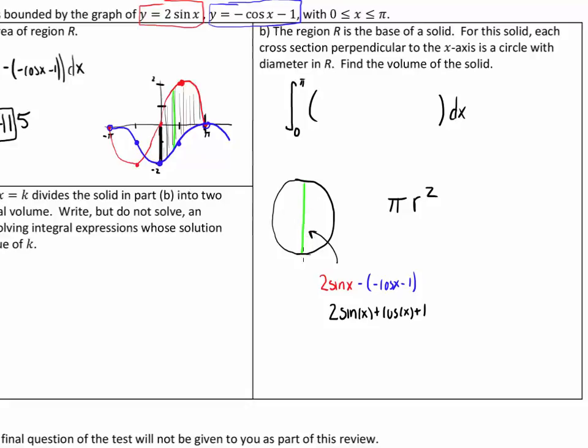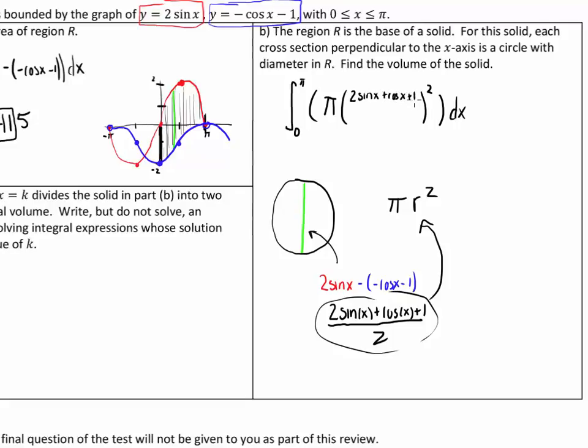So that's this length right here, but I need the radius, so I need half of that. That's going to be my radius. So up here we've got the area of our circles, pi times the radius squared. The radius is 2 sine of x plus cosine of x plus 1, all cut in half. And that will give me the volume of my shape.